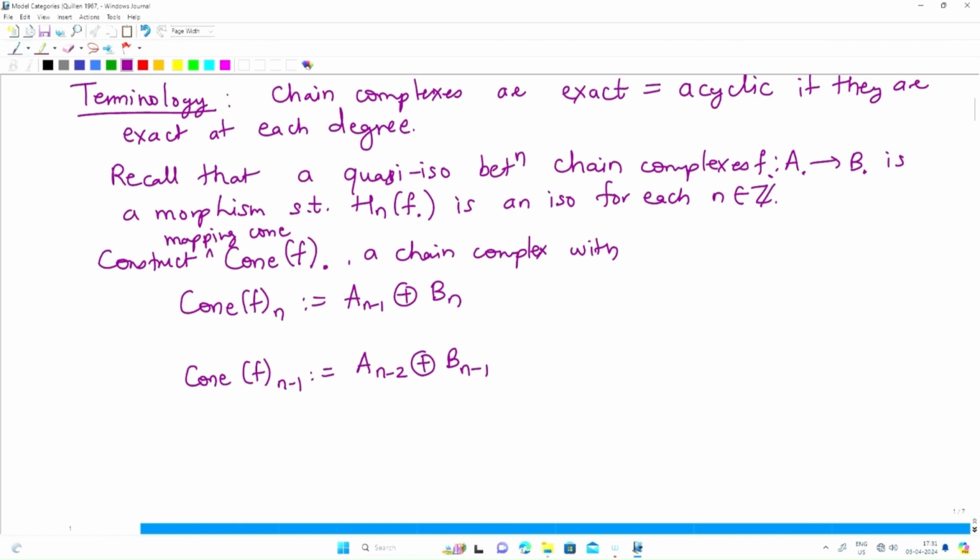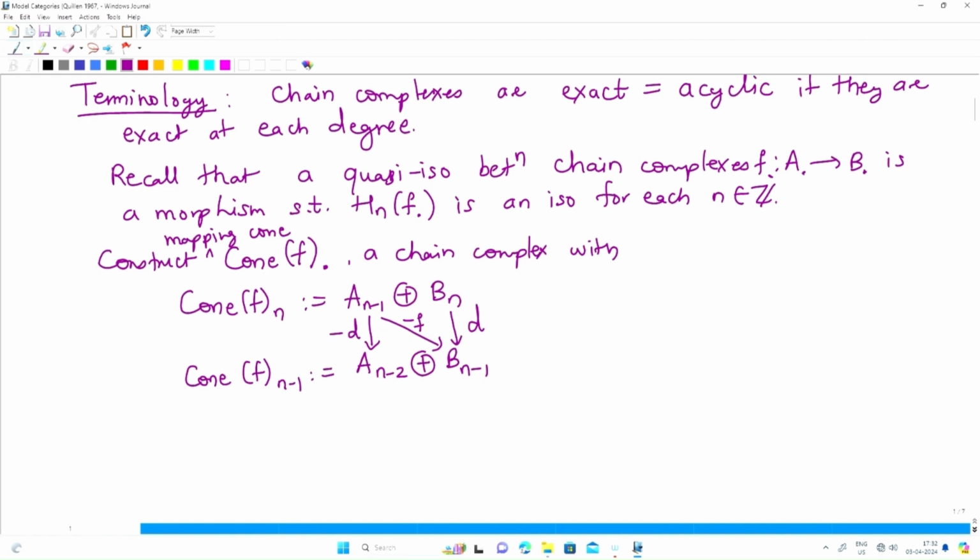Now I have to describe the maps between these, the boundary maps. The boundary map is like this. Whatever is the boundary map here, I take minus of that. Whatever is the boundary map here, I just retain what the boundary is. And from A n minus 1 to B n minus 1, I take minus f. I'm not writing the indices, but the indices are clear.